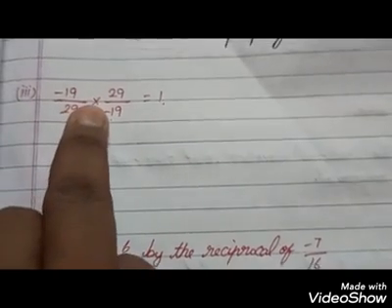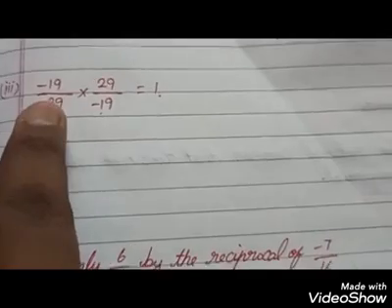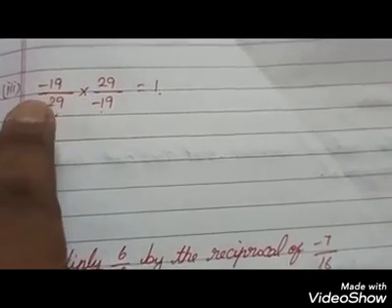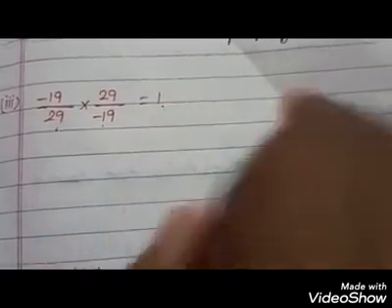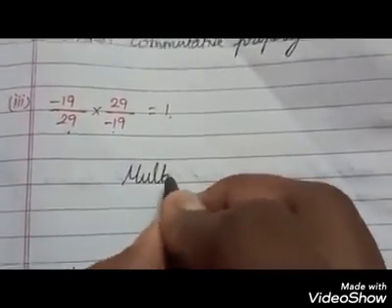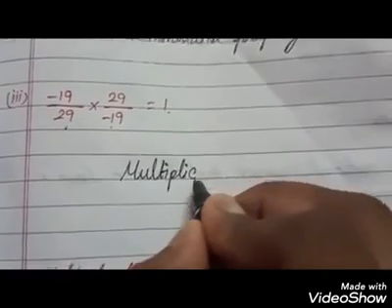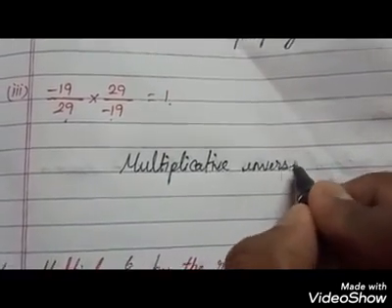Product means multiplication. That should be minus 19 by 29, multiplied with the inverse of this, 29 by minus 19. The value is 1. So here we have to use multiplicative inverse.